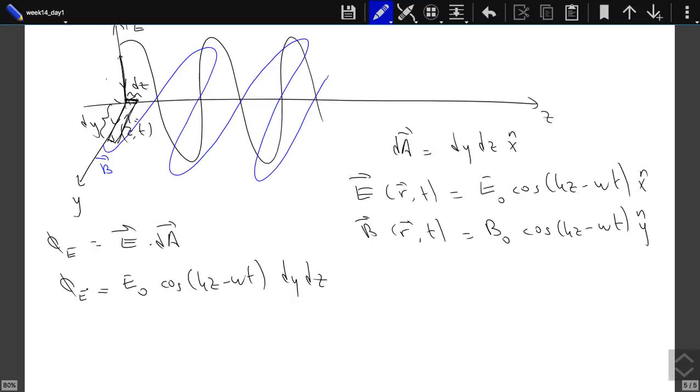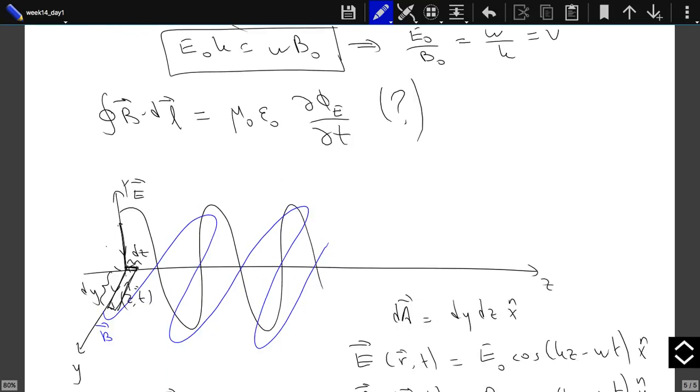This is the electric flux passing through that area. And so the time derivative of phi is E0 omega sine(kz minus omega t) dy dz. So now we have one side of the Ampere's law.